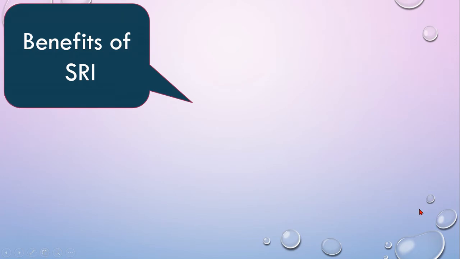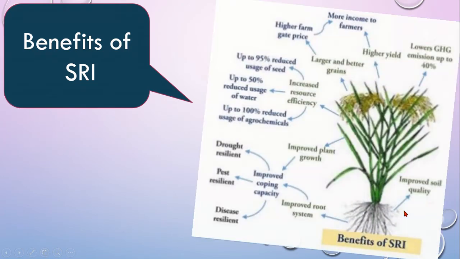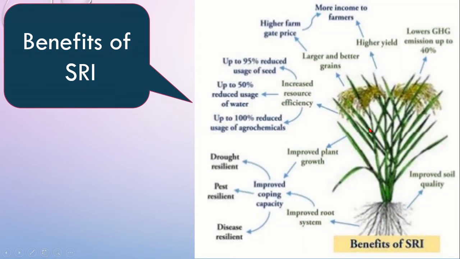Next one is benefits of SRI. What will be the benefits of SRI? If you have a look here, you can see higher yield. When you get higher yield, that means more income. Then large and better grains; when grains are large and better, farmers definitely get a higher price as well. Then increased resource efficiency: 90 to 95% reduced use of seed, 50% reduced use of water, and 100% reduced use of agrochemicals as well.